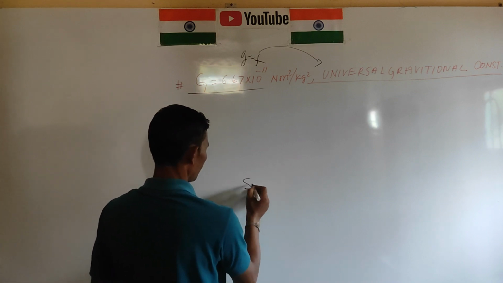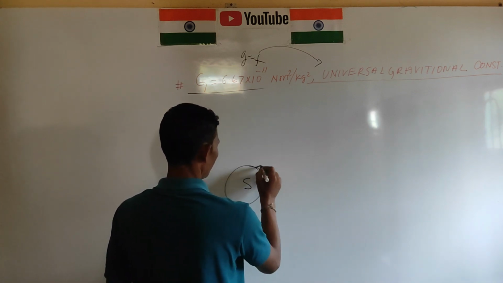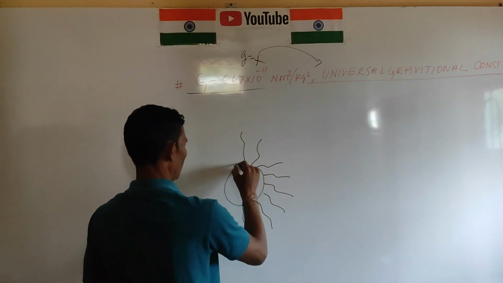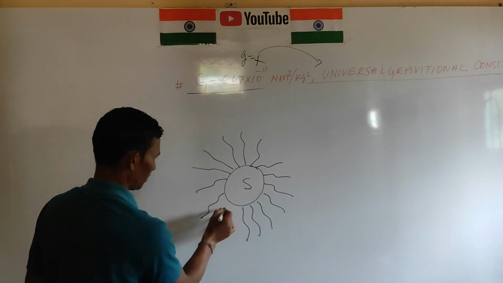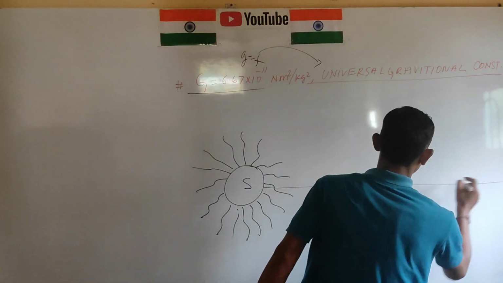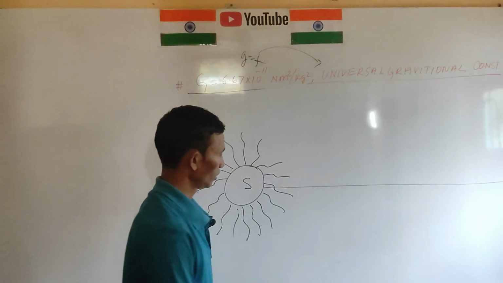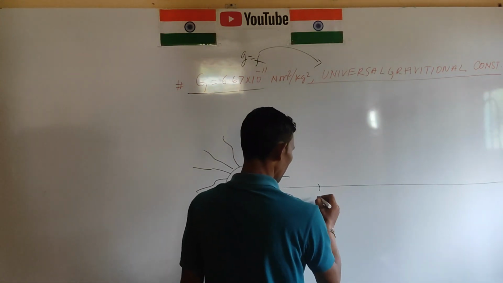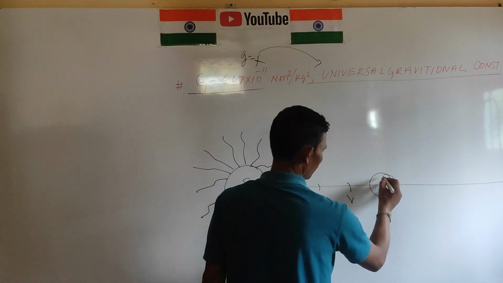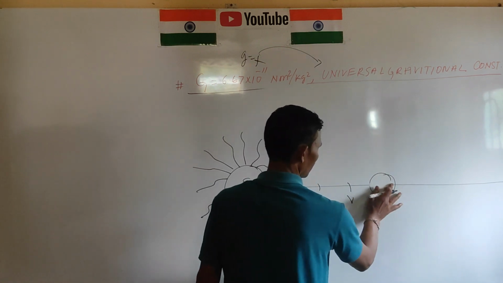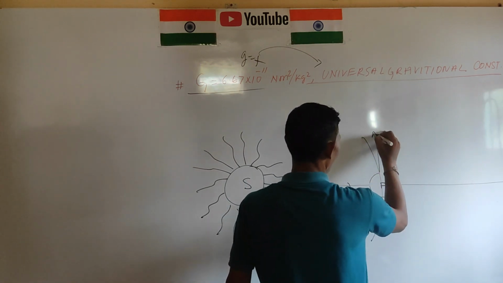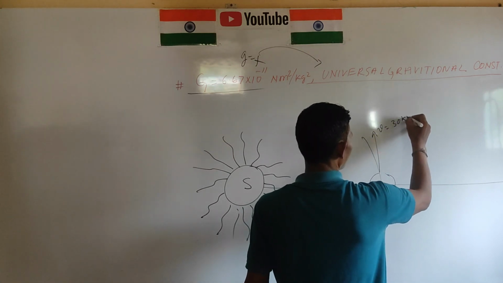Suppose that the Sun is here. There is the solar system. That is called Mercury. That is called Venus. And here is Earth. Earth is moving at very high speed.